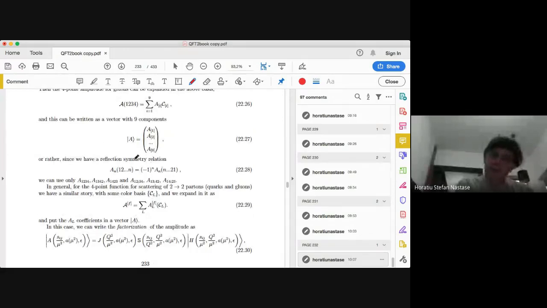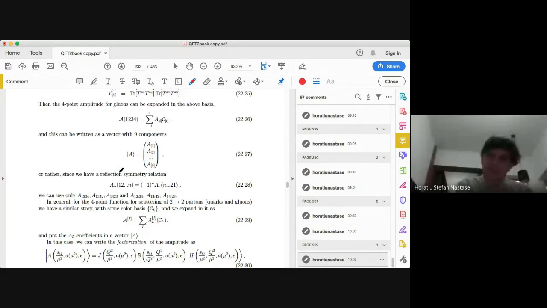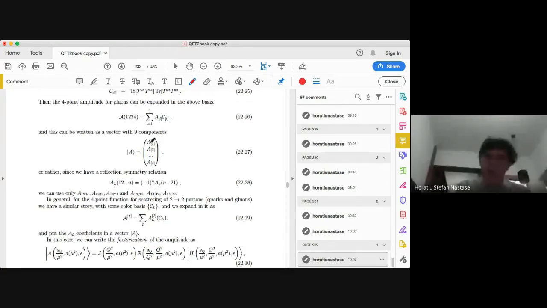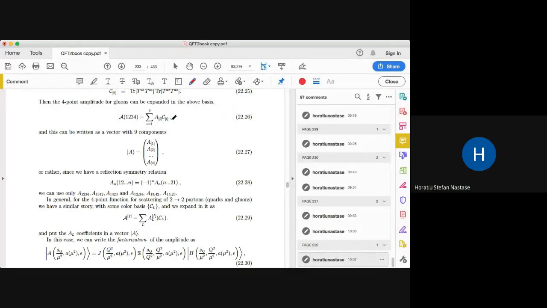Moreover, there's actually a reflection symmetry relating the amplitude with 1 to n, with the amplitude with the reversed order, n going to 1, with a (-1)^n factor.